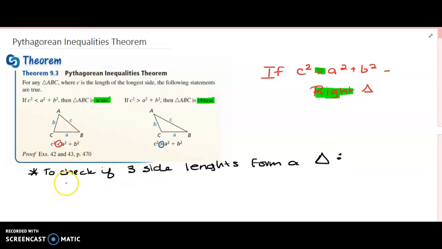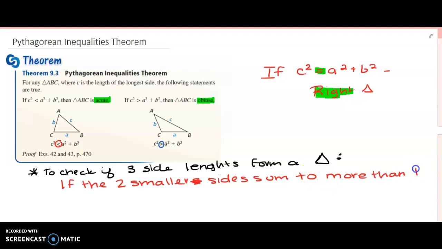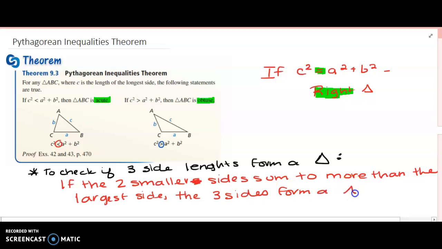Okay, so I'm going to write here, if the two smaller sides sum to more than the largest side, the three sides form a triangle. Okay, and we'll do an example here in a minute.